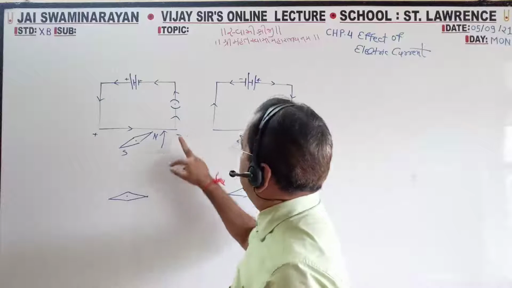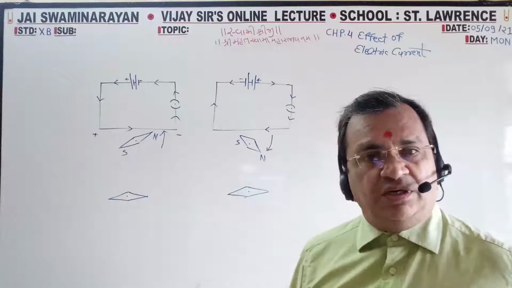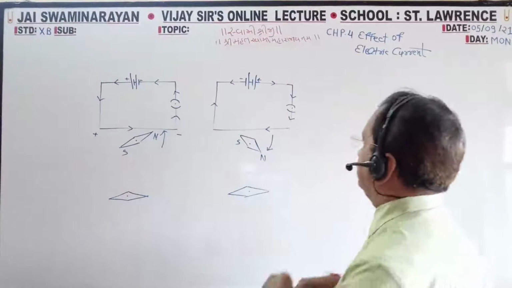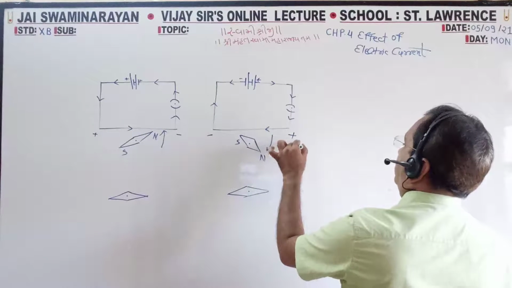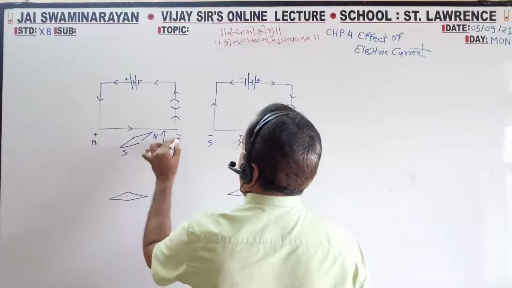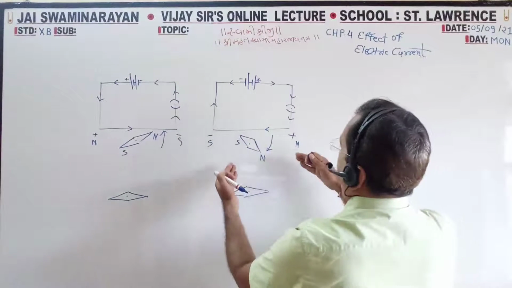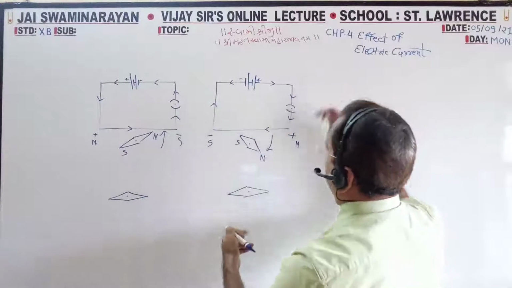North, south. So to the opposite pole there is an attraction. Now it is opposite. So this will be negative, this will be positive. Positive always north, negative always south. So south and north attract. Here this is positive, north, so north repulsion.